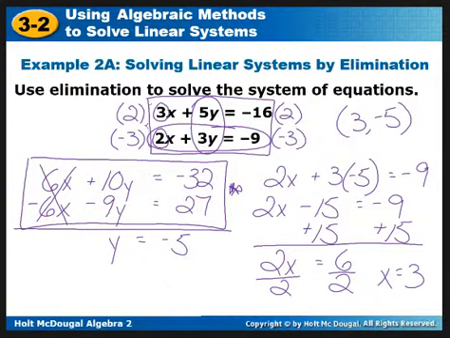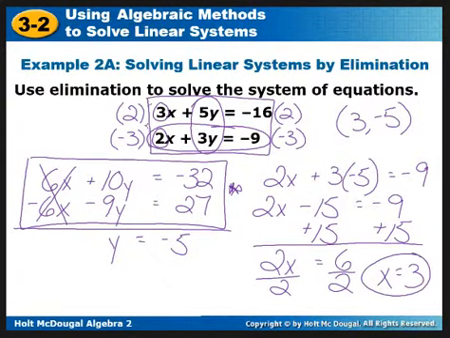Now, if you happen to be a little bit worried that you're not sure whether or not that's the answer, what you can do is take 3 for x and -5 for y, and fill them into your original two equations up at the top.